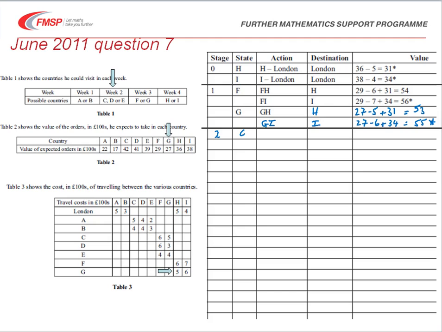Each one can move to the next country, and there are 2 countries, F or G, to move to, so we'll have 2 lines needed. So C, D and E can go in the table like that, with the possible actions being from C to F, C to G, D to F, D to G, E to F and E to G. The destinations are F, G, F, G, F and G.